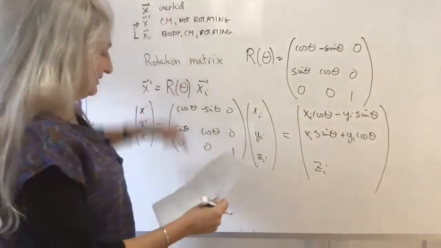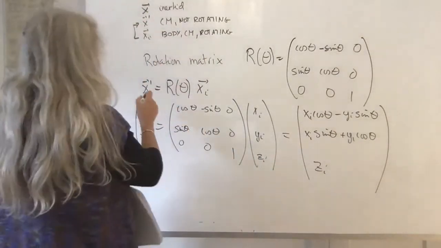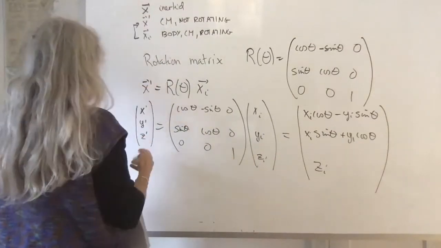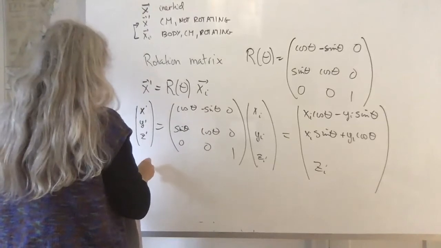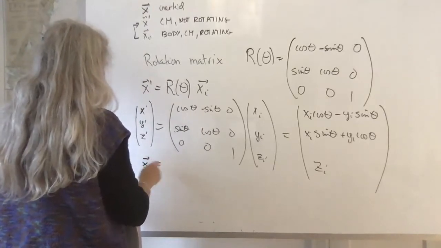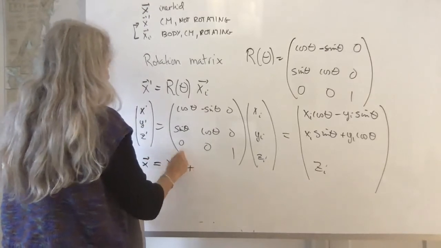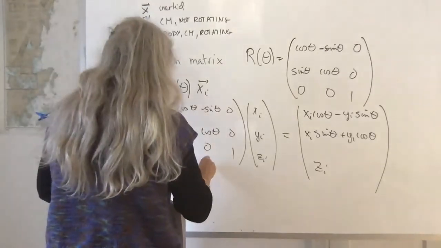So that's how we go from the body coordinate system to the center of mass, but not rotating, coordinate system. And now what if the center of mass is moving? All I need to do to get the inertial coordinate system is add the center of mass in. So the coordinate in the inertial frame will be the center of mass position plus x prime.